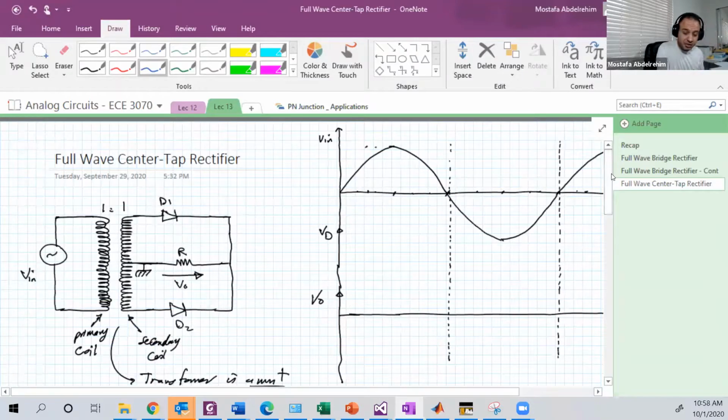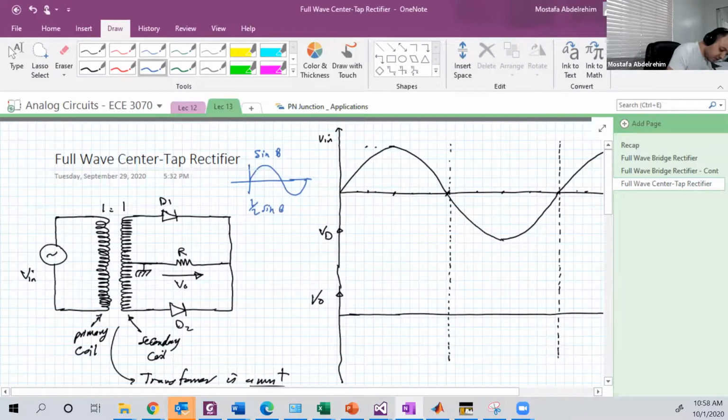So let's draw that. This is V input, but remember we need V input over 2. If you have a sine wave, sine theta, for example, and you draw sine theta like this, so half sine theta, and this is 1 and -1.